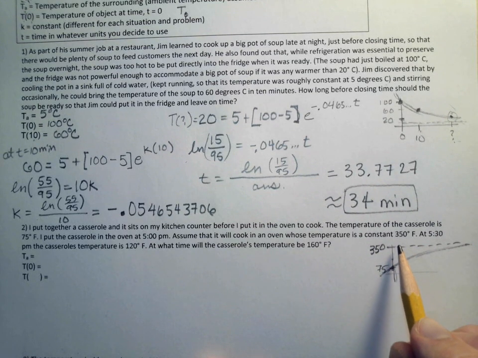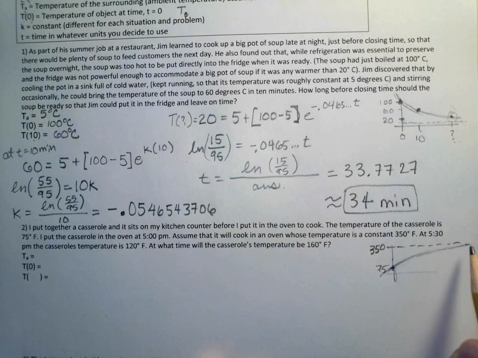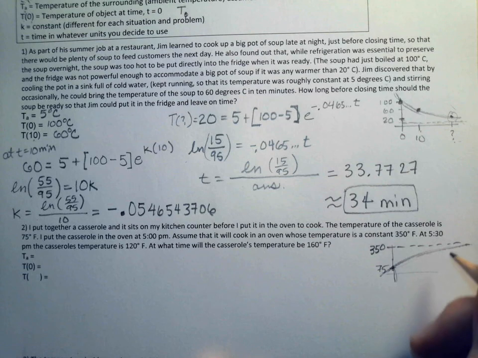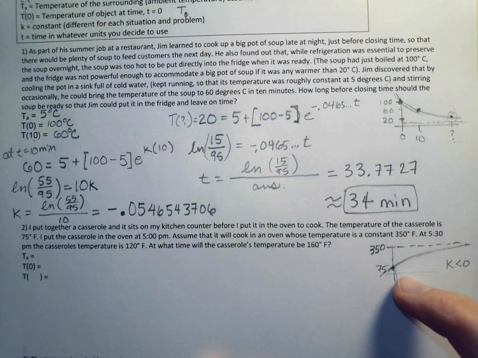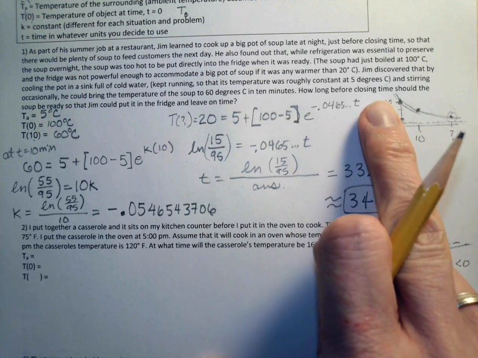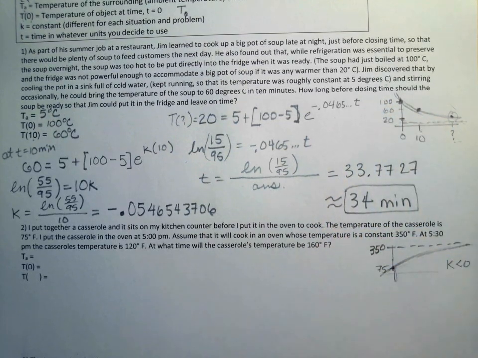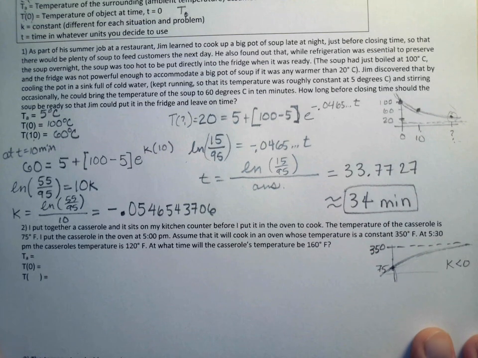Population growth doesn't reach a maximum and then level off. It doesn't approach an asymptote. So in these cases, even though the temperature is going up and the casserole is getting warmer, we still have a k value that is less than 0 because we're approaching an asymptote. Either from above or from below, you're still going to see a negative k here.